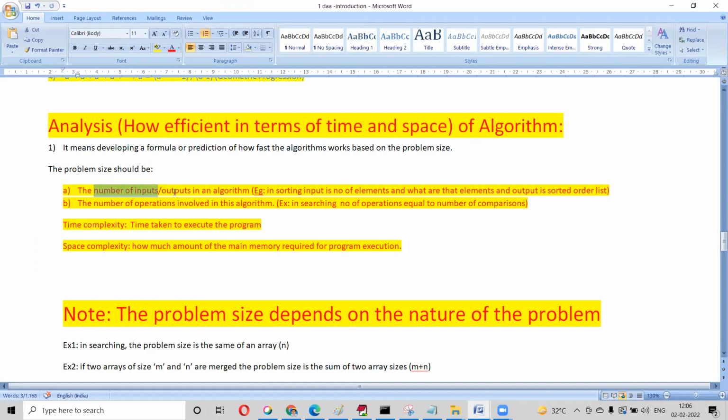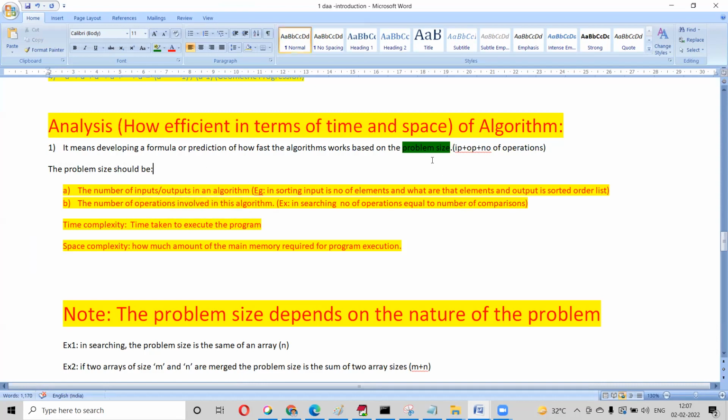The number of inputs and the number of outputs you are generating, and the number of operations involved in this algorithm. You need to highlight this term, problem size. Problem size specifies the number of inputs plus outputs plus the number of operations involved. That is said to be the problem size.